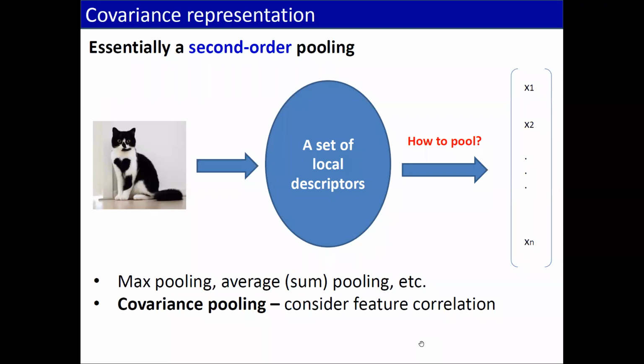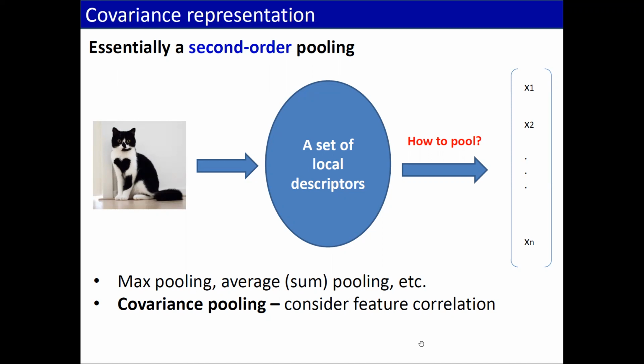We regard this kind of pooling as a first-order method because it focuses on the information from each individual channel. But in order to extract better or more sophisticated features, especially for fine-grained image recognition, we need to consider the correlation among different channels.